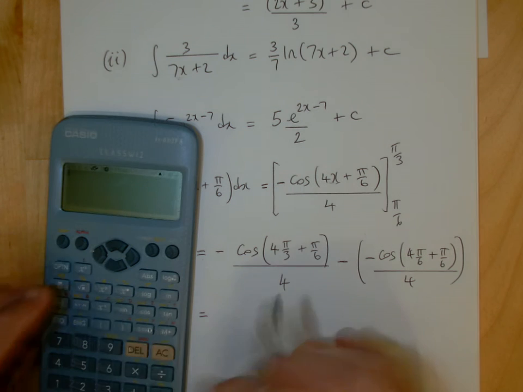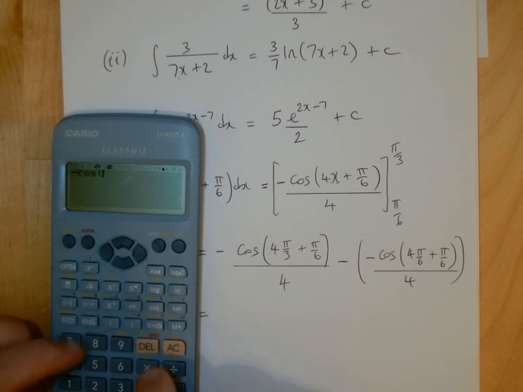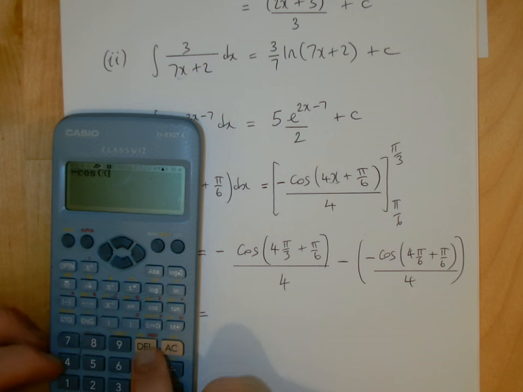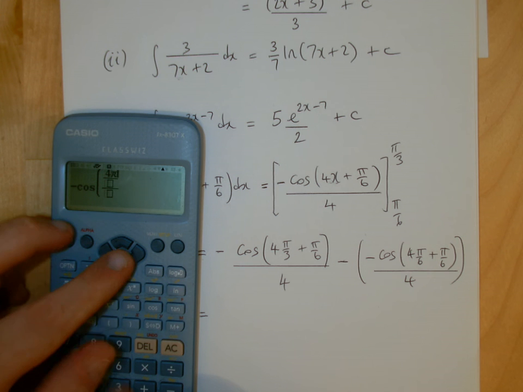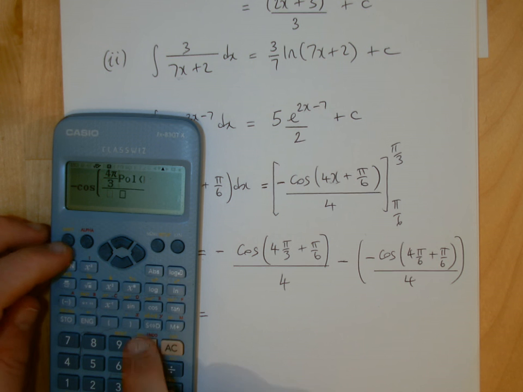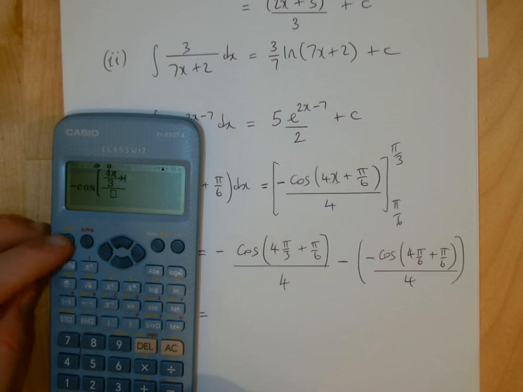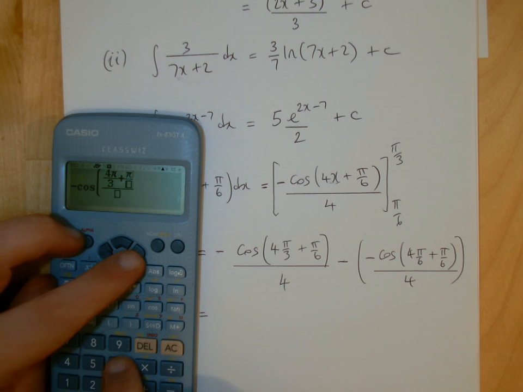So let's just work this first term out first. So I've got minus cos bracket, so we've got a fraction in there, 4 pi over 3 plus pi over 6.